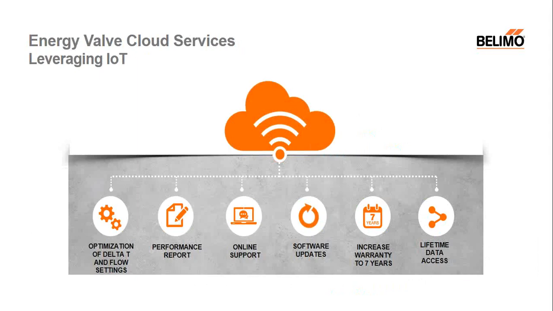Software updates. This one here is very significant. Imagine, for example, you have over 200 valves in a building and they needed to be updated for specific functionality increase or enhancement. Now, 200 valves across a building or multiple buildings would take significant time to update.